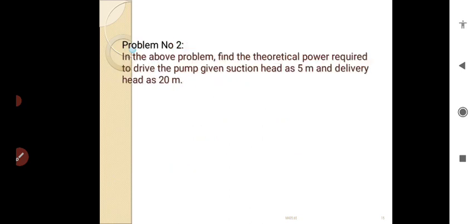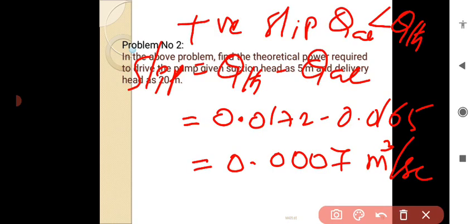And we will discuss the next problem. Here is given the same problem. In the previous problem, find the theoretical power required to drive the pump, given suction head as 5 meter and delivery head as 20 meter. Here he has given one more problem.